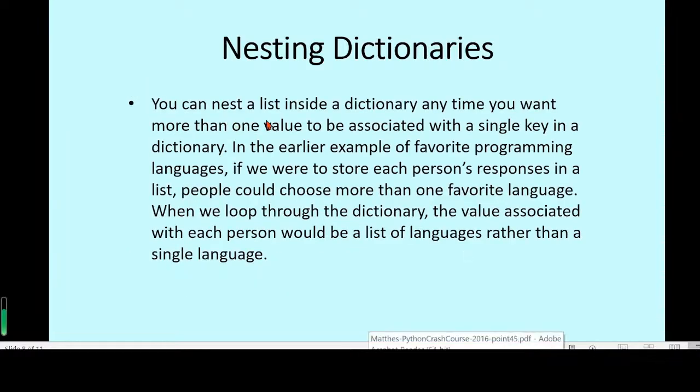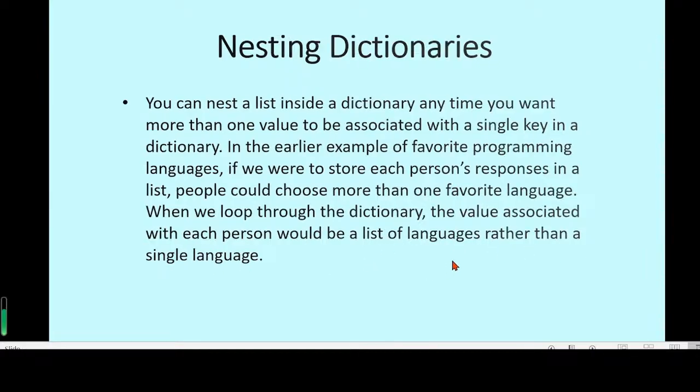You can nest a list inside a dictionary anytime you want more than one value to be associated with a single key in a dictionary. So in the earlier example of favorite programming languages, if we were to store each person's response in a list, people could choose more than one favorite language. So when we loop through the dictionary, the value associated with each person would be a list of languages rather than a single language.